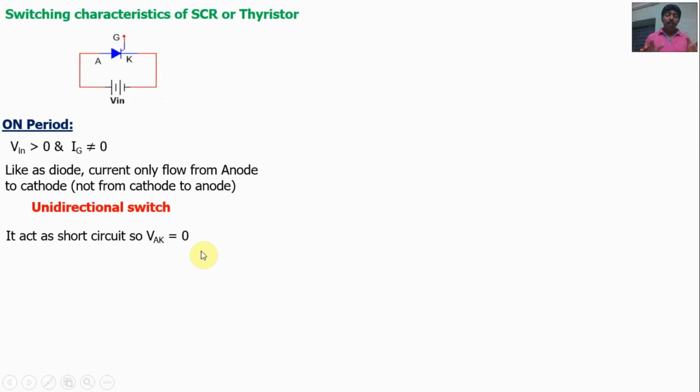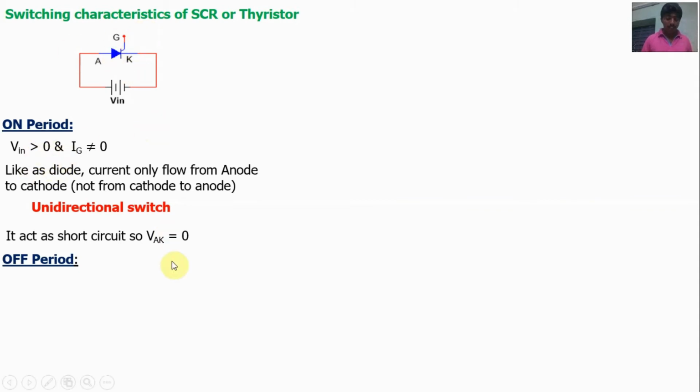When it's on condition, the SCR acts as a short, so the voltage across a short is equal to 0. Off period: by the off period we may find whether it is unipolar or bipolar. Okay, the first case, if any one is false, the SCR will be in off condition.